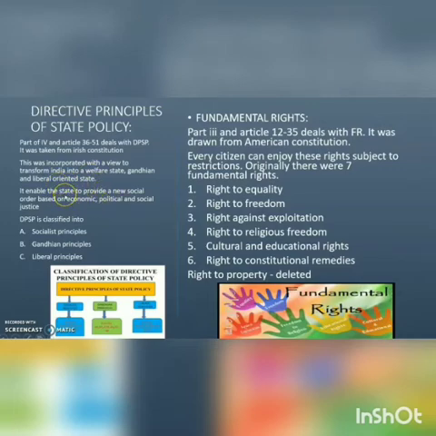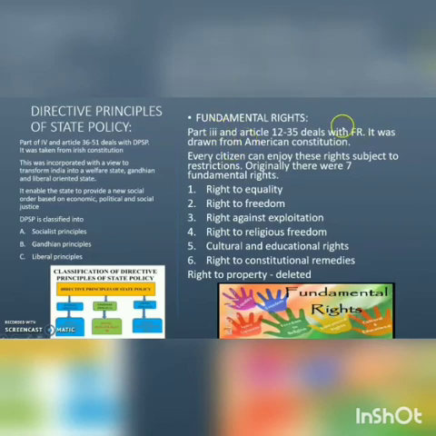It enables the state to provide a new social order based on economic, political, and social justice. So the main aim of directive principles is to create economic, political, and social justice. Now, directive principles of state policy are classified into 3: socialist principles, Gandhian principles, and liberal principles. Of course, we study this in the coming chapter.